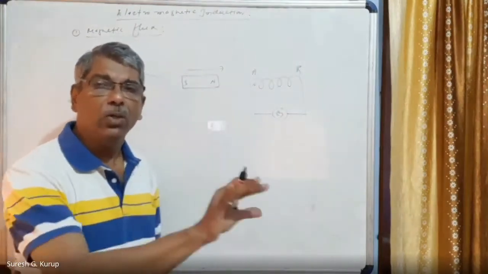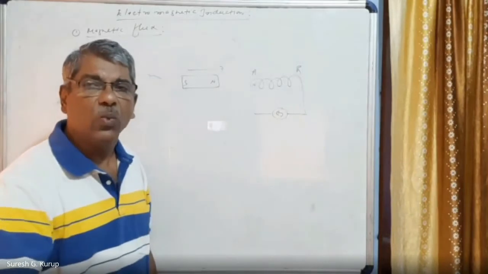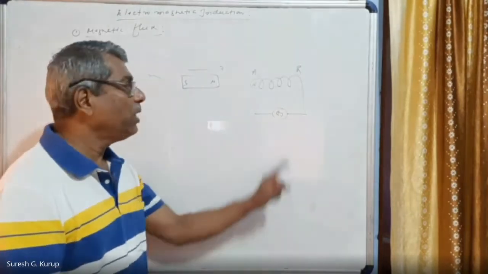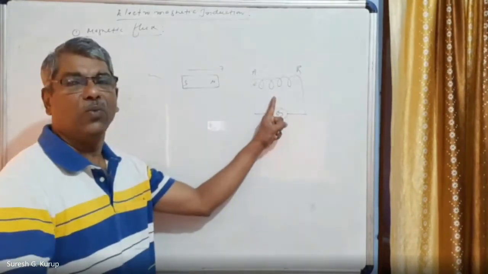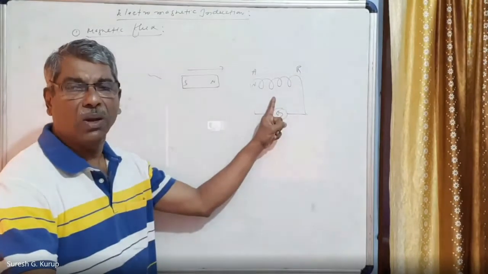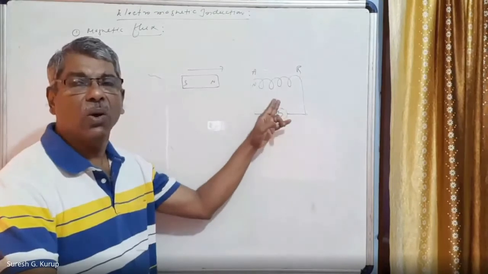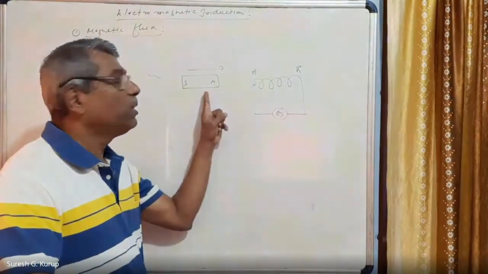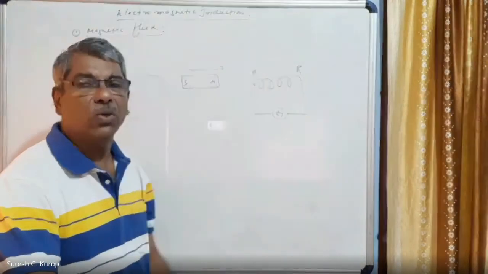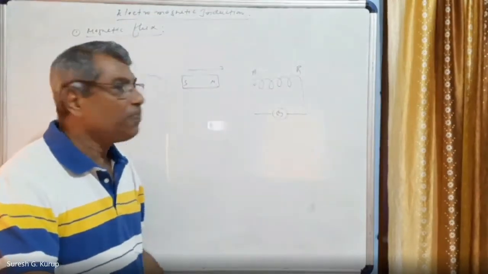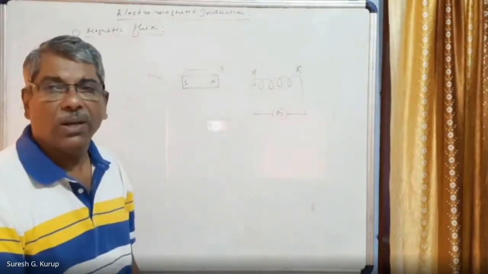Work has to be done to push the magnet towards it. This work itself is actually converted into EMF induced in the coil, because EMF is energy only. So the energy or EMF induced in the coil is equal to the work done in pushing the magnet toward the coil. Am I correct? So this is what is called Lenz's law.